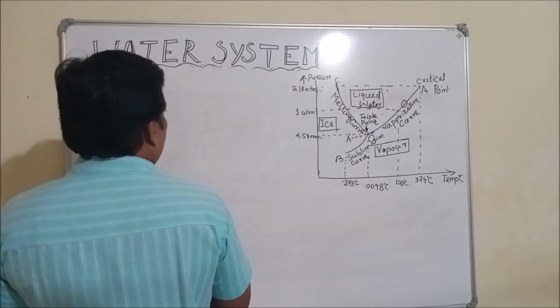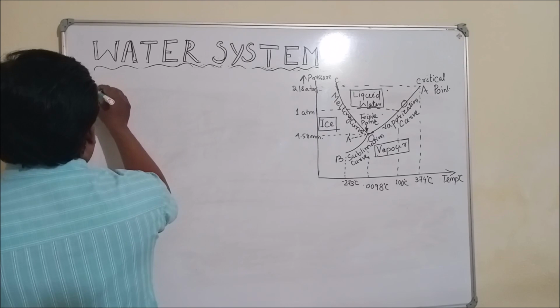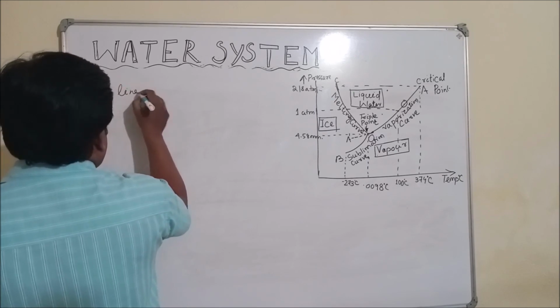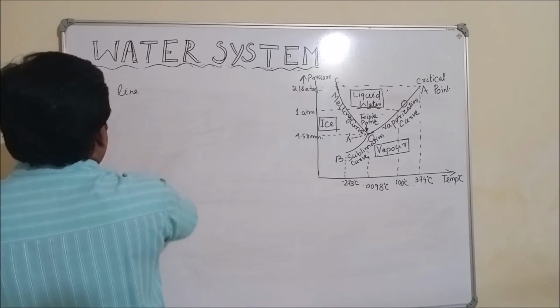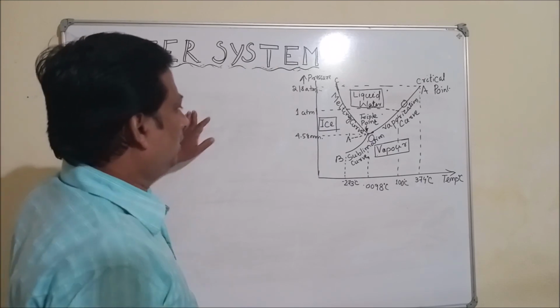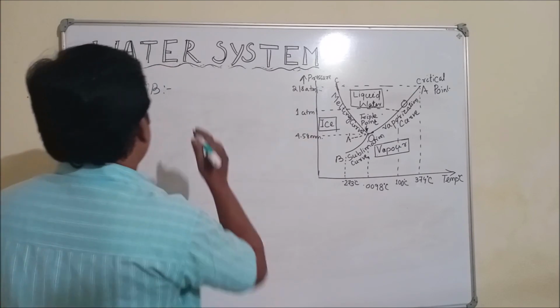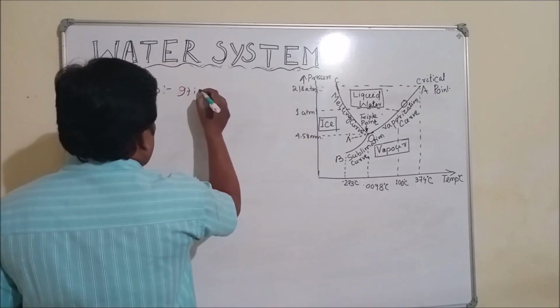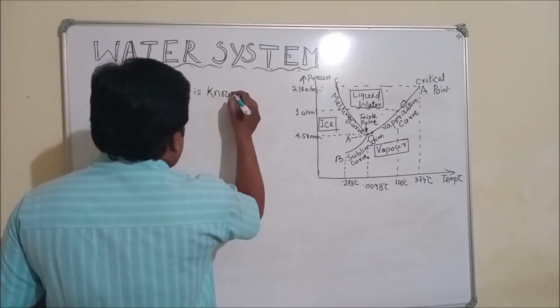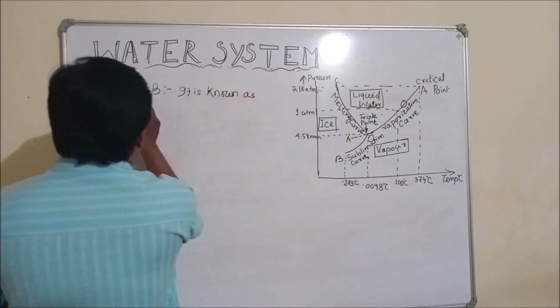Okay. Now next let's discuss the other lines. Now the OB line. Line OB is the sublimation curve. It is known as the sublimation curve.